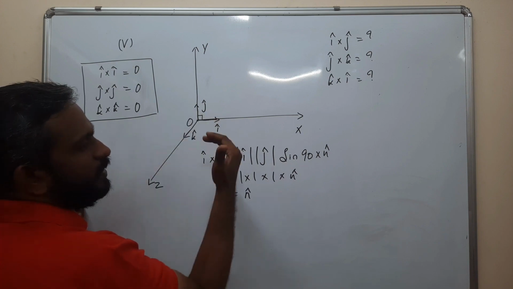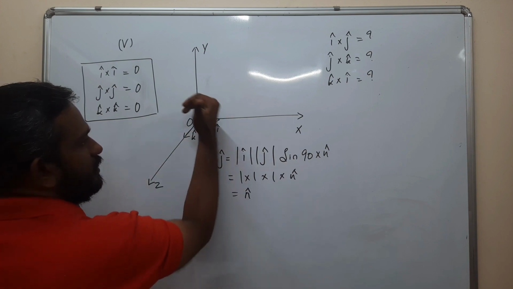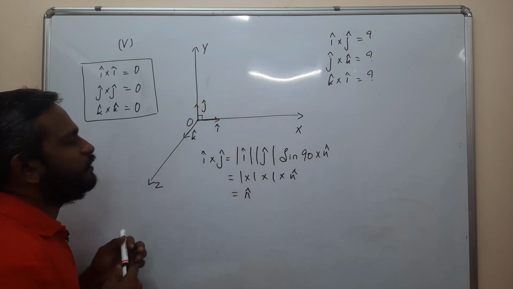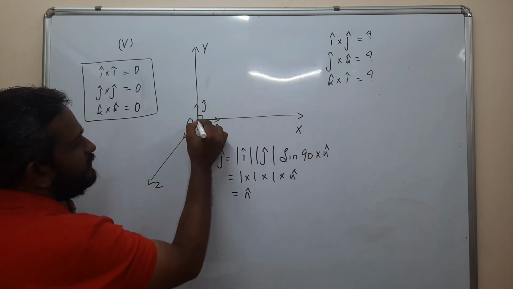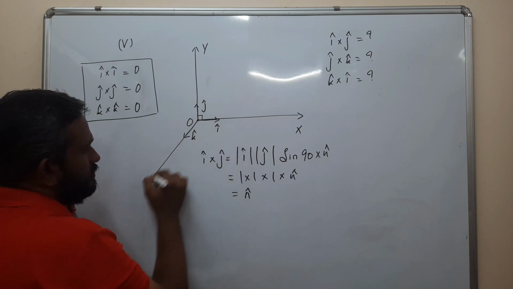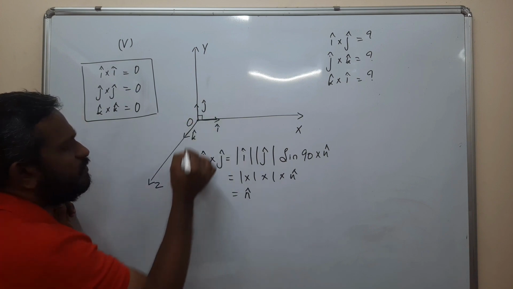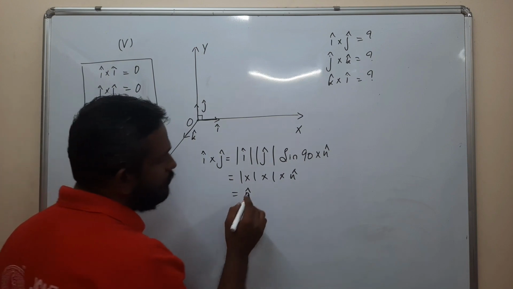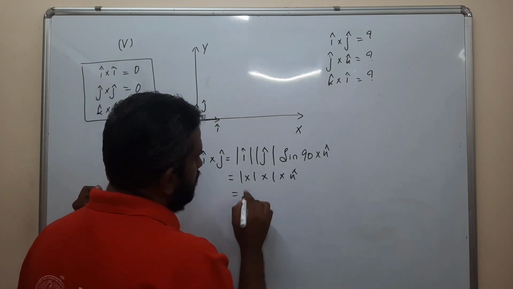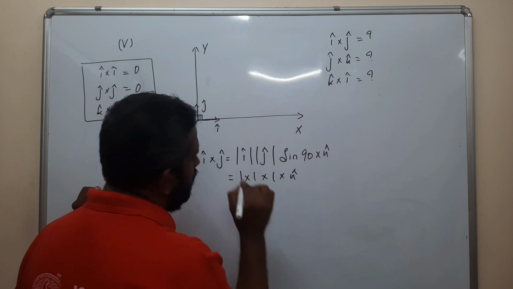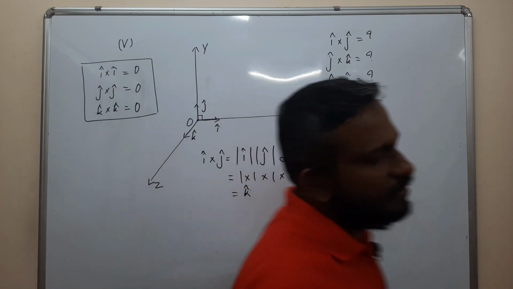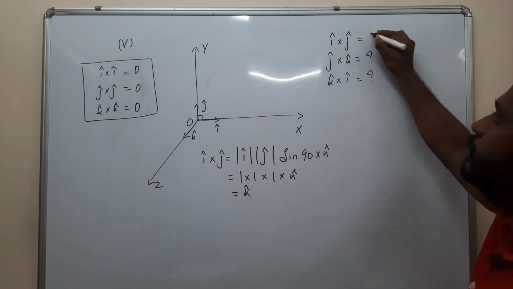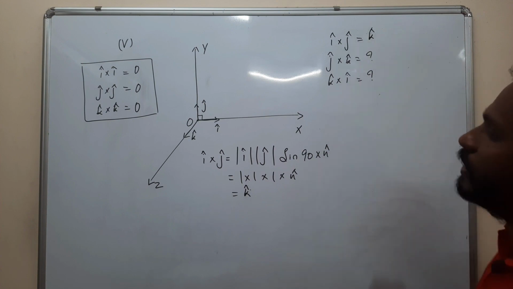So our thumb is along the Z axis. So what is the unit vector along the Z axis? K vector. So n cap we can write as K cap. I vector cross J vector is equal to K cap.